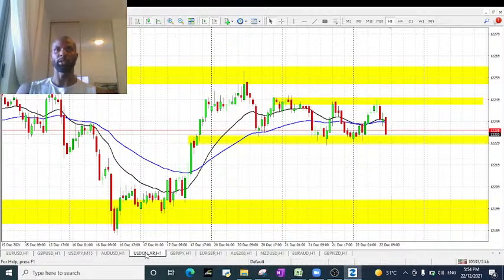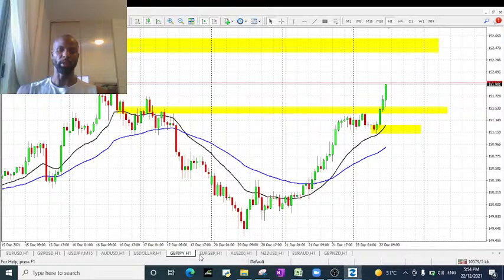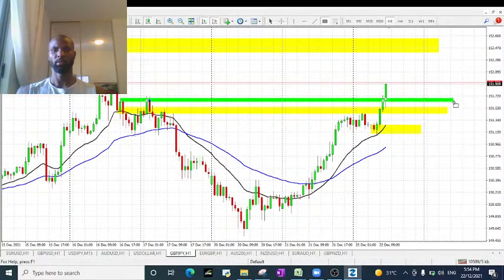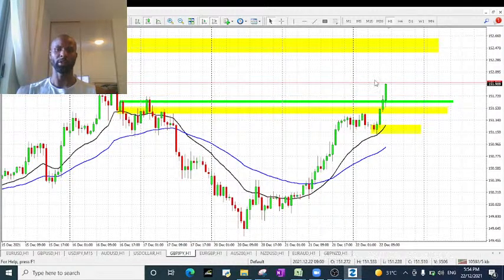So we have 6 minutes for this trade to work. Man, every other pair, pound yen is flying. So finally we took out this zone, took out this zone. Now it's flying up.